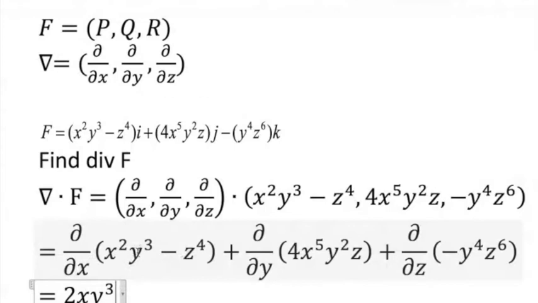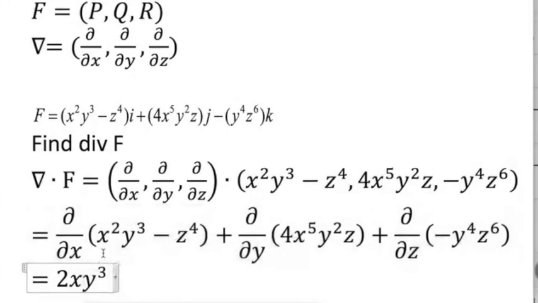So just treat y as constant, we'll keep it, and the only variable here is x, or actually temporarily, we are treating it as variable and the others as constant. So the derivative of x squared is 2x, and keep y cube as it is, but negative z to the power 4 will be 0. So we'll not have it.